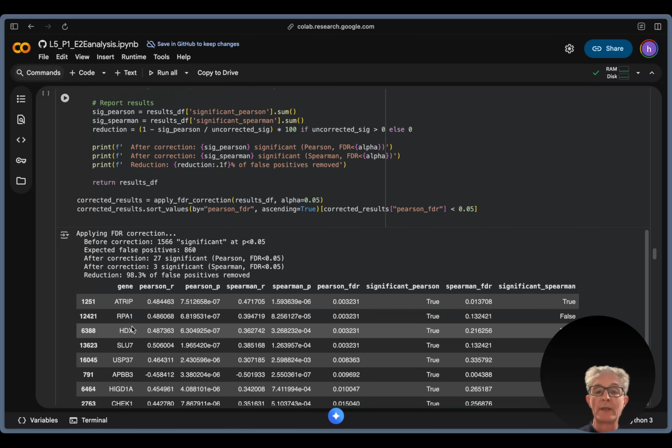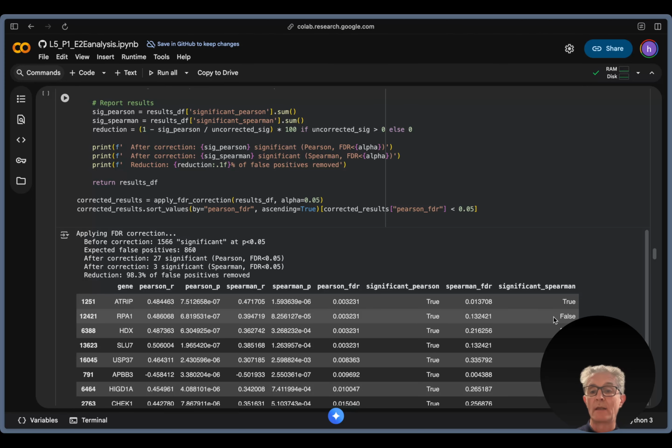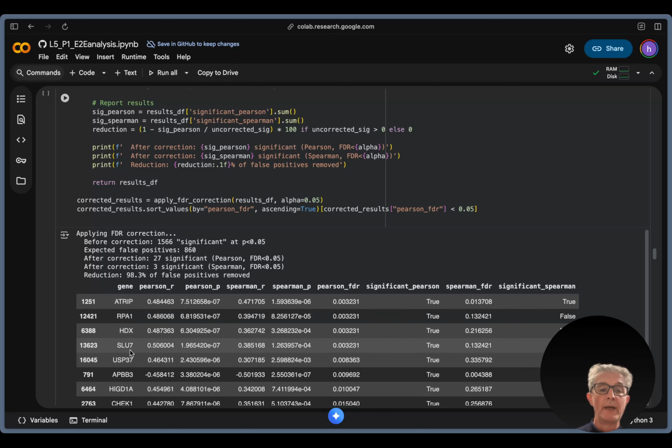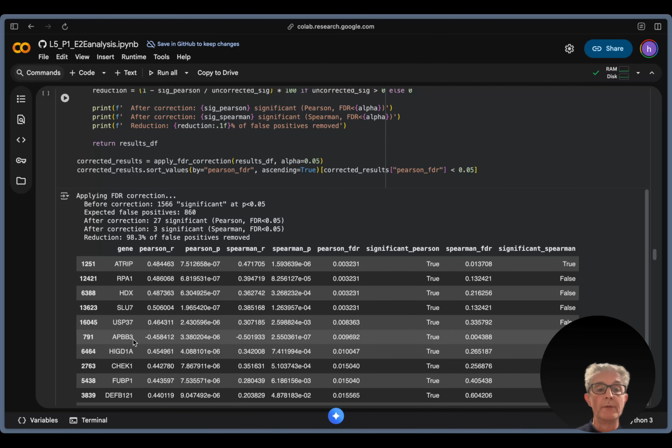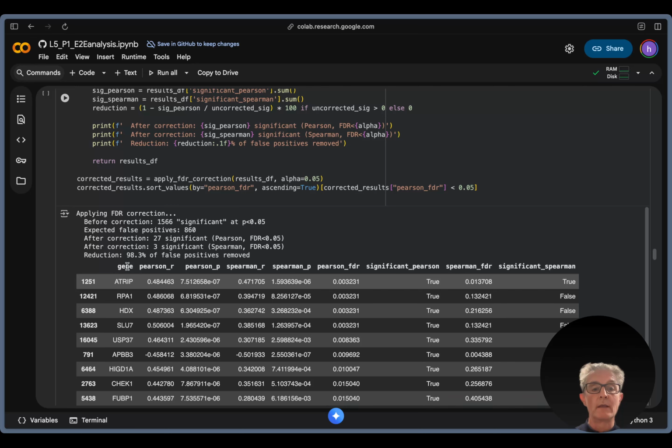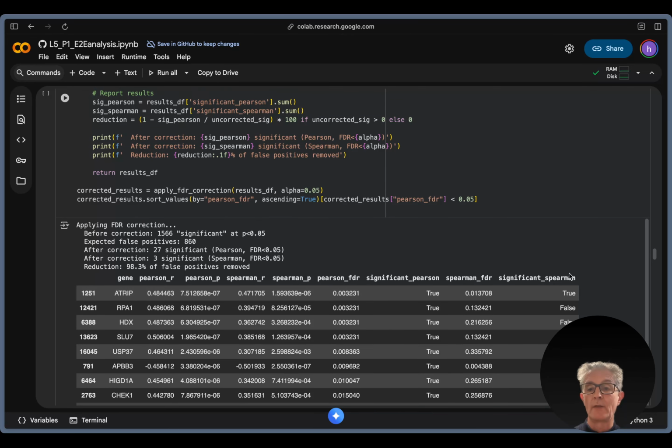And look here, for example, even RPA is ruled out, although we know that RPA interacts, so we're probably a bit too stringent with the Spearman test. But ATRIP, for example, is a true one, and that is definitely a true interactor.